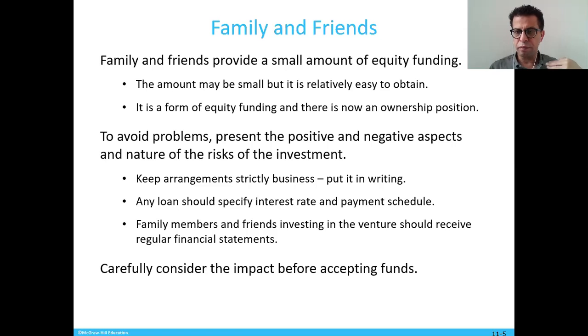People who put their money in your business need a financial statement. They need to know how the business is going, and you need to treat them as an outside investor. Maybe it's easier to get funds from them, but you need to treat them as investors.